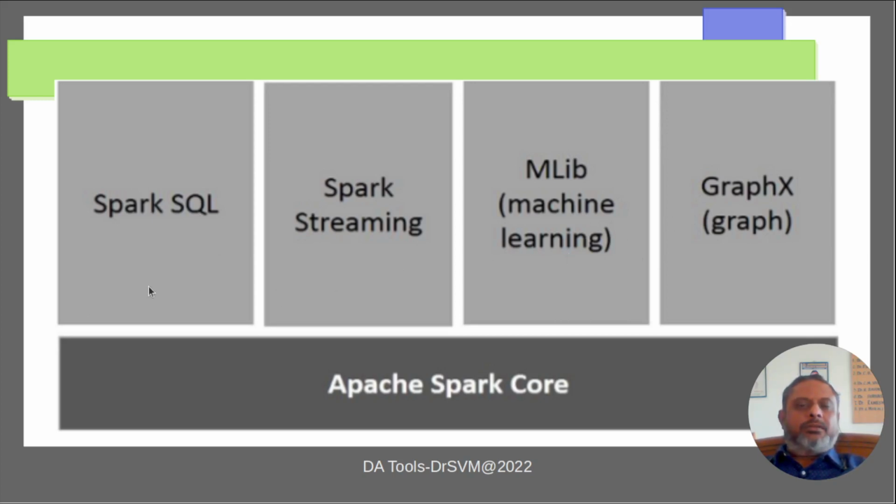They take care of separate activities: SQL activities are taken care of by Spark SQL, streaming activities by Spark streaming, machine learning activities by MLlib, and graph related operations by GraphX.